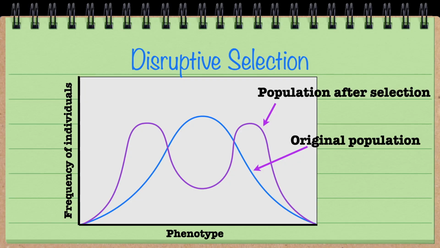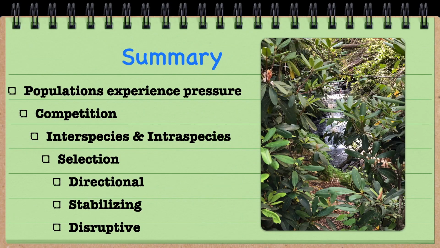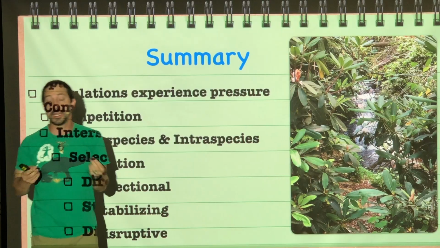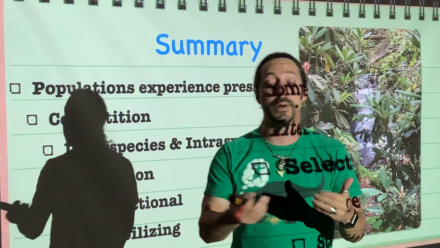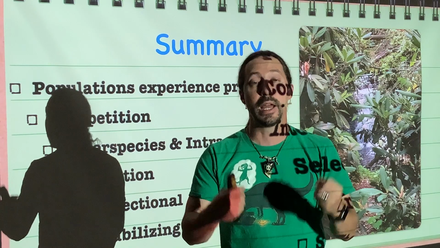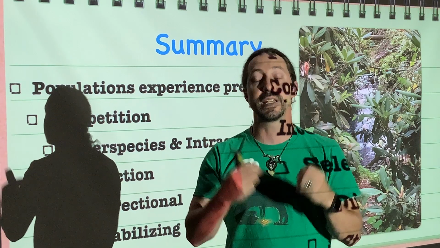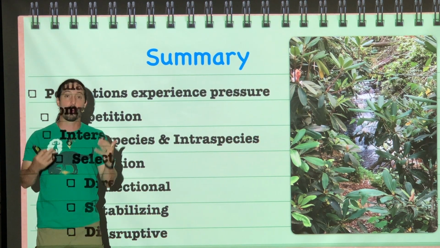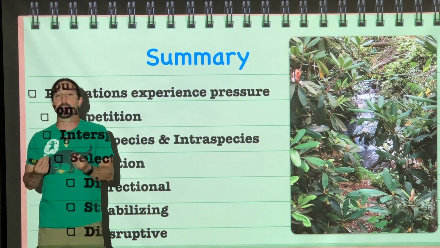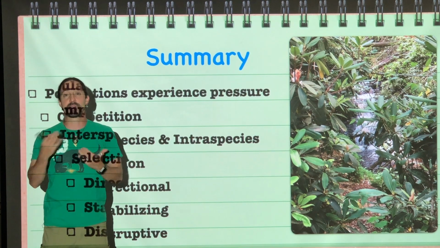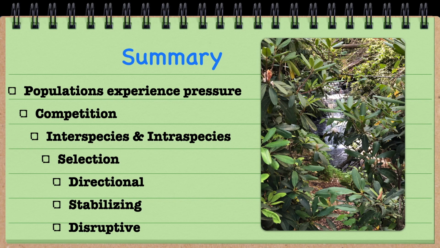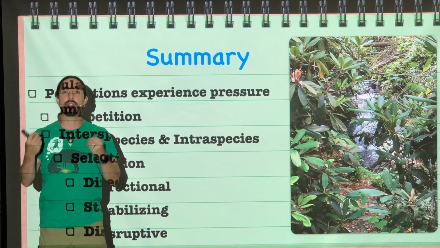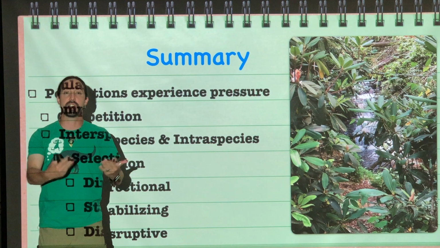That is disruptive selection. So in summary, populations are going to experience different pressures. They're going to experience pressures both within their species, intraspecific, and between different species, interspecific. And those different pressures are going to be really important on which organisms are able to outcompete the other organisms around them. The organisms that are able to outcompete the other organisms around them are going to survive and pass on their alleles to the next generation.